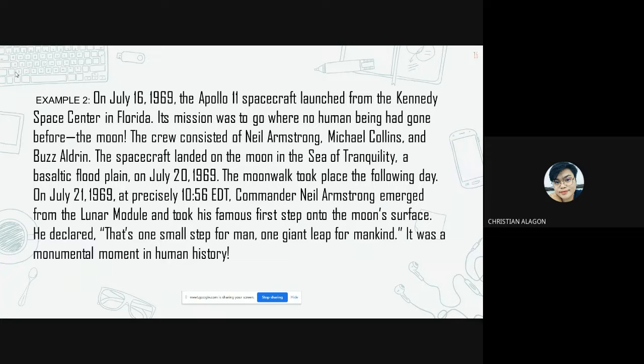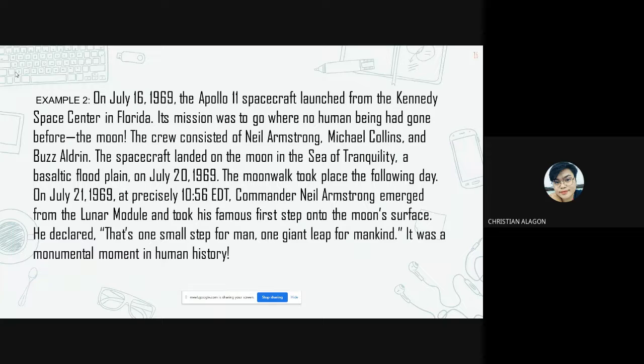The spacecraft landed on the Moon in the Sea of Tranquility, a basalt-clad plain, on July 20, 1969. Later on, we will discuss the chronological order of what happened in that paragraph that we have right now on our screen.